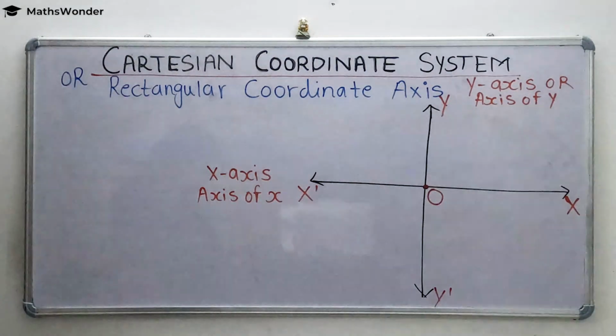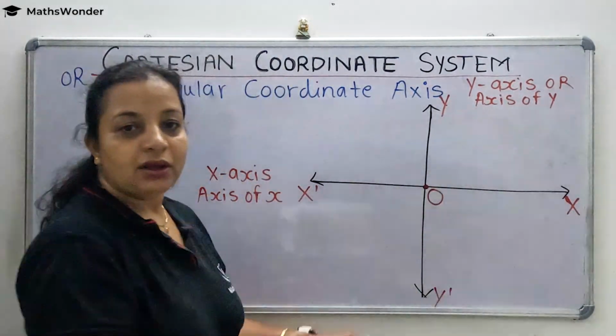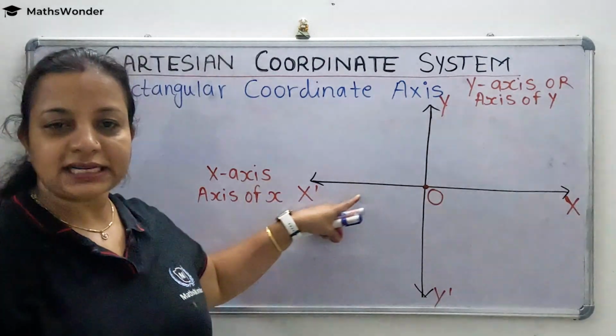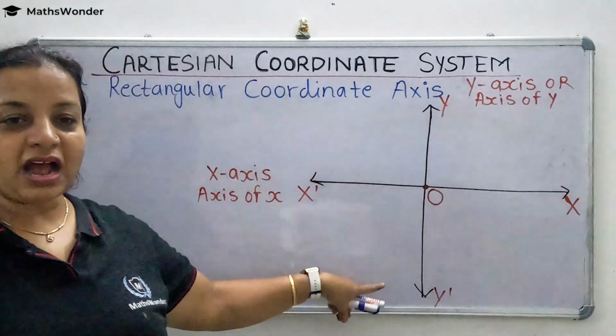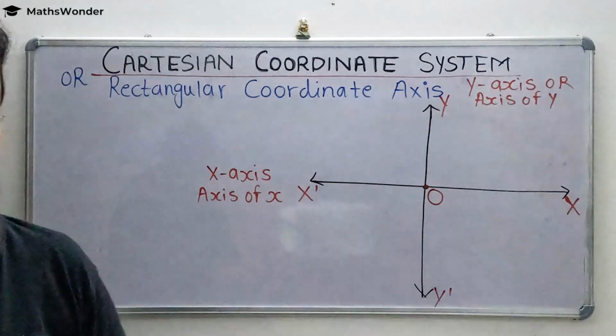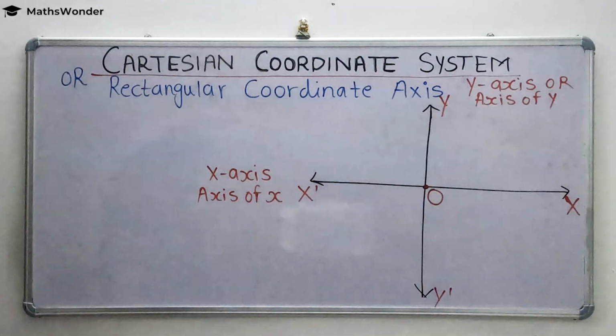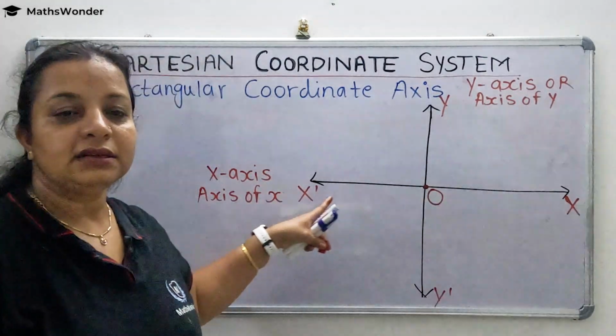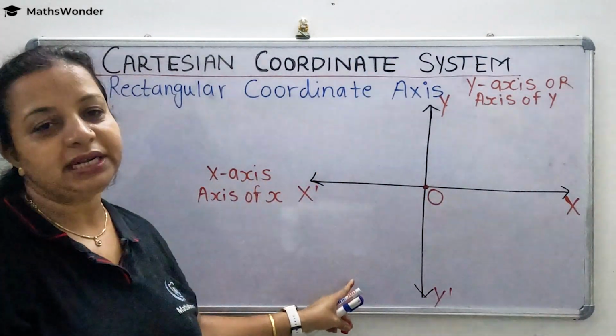Now, coordinate axis. The two lines XOX dash and YOY dash intersect at O and together are called the coordinate axis. Coordinate axis means when we are talking about both the axes, horizontal and vertical.